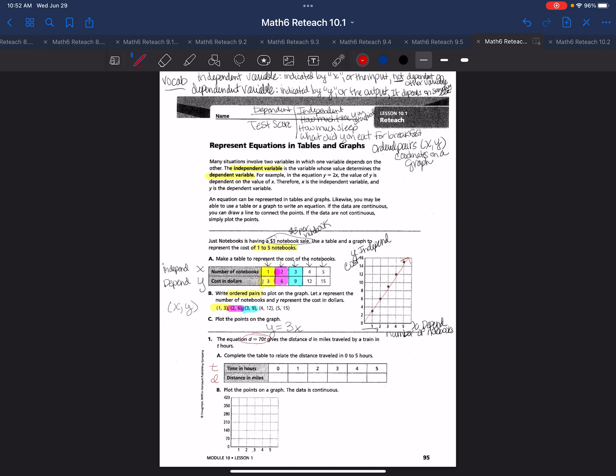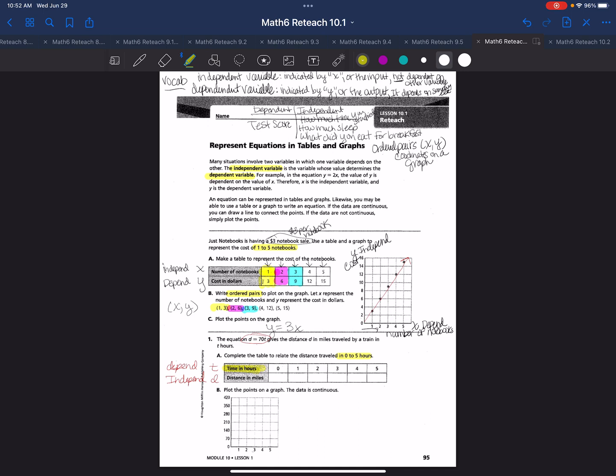We know that T is my independent variable and D is my dependent variable. Complete the table to relate the distance you traveled from 0 to 5 hours. So here is your time.